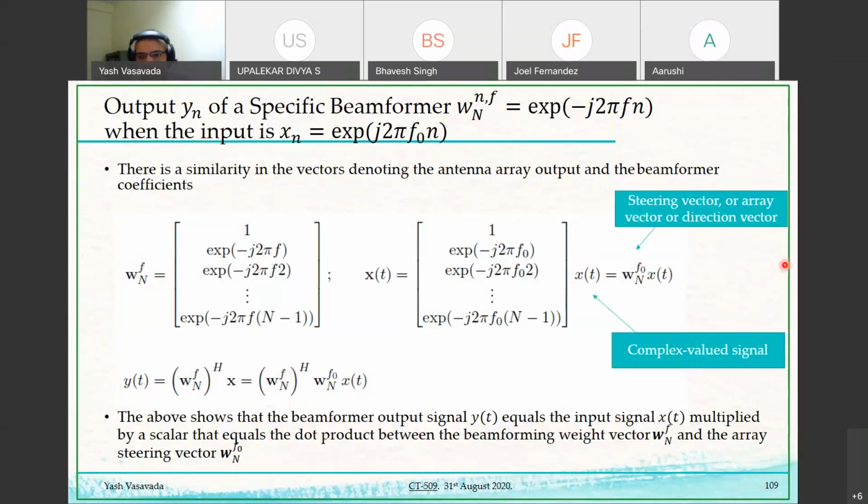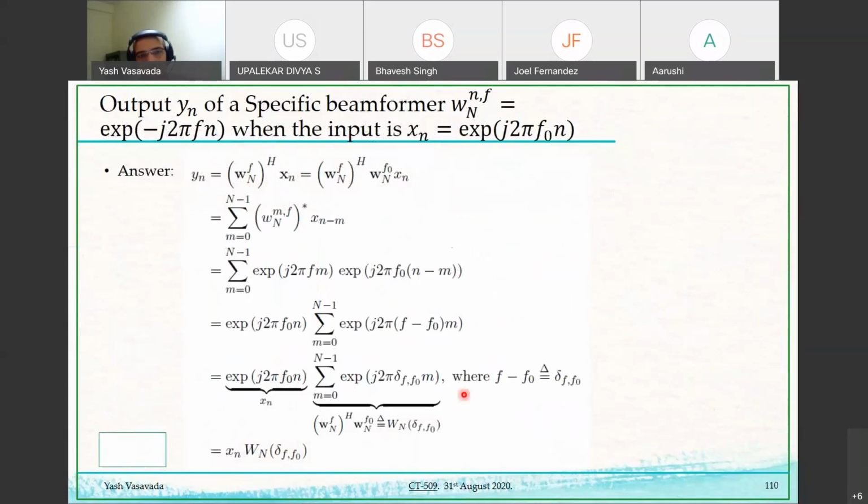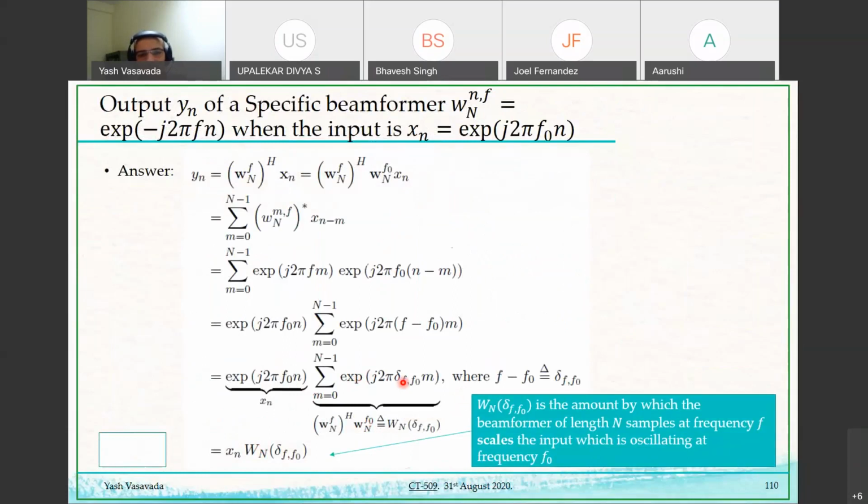Okay, so this is the math remains the same, but we have to interpret now this in context of beamforming, and the answer remains the same as before. It is this summation of complex exponential terms, which we have seen earlier.